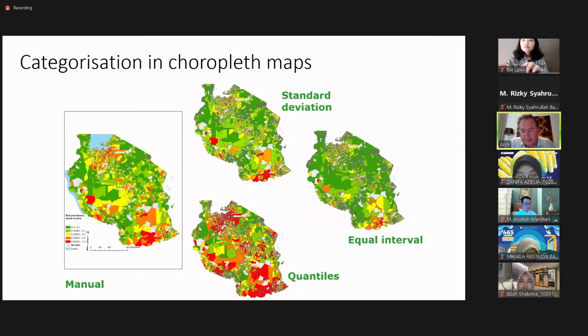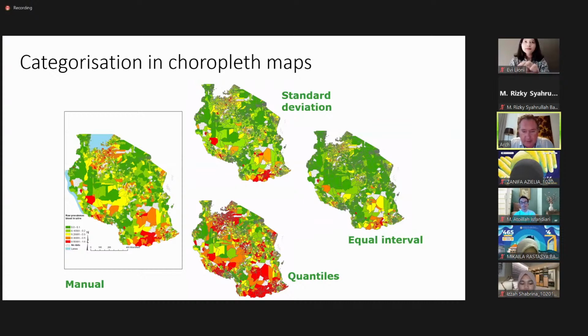Typically, it emphasizes the central part of the distribution again. And then you've got the quantile approach. What that means is that every category on the map has the same number of observations within it. And that kind of approach emphasizes typically the tails of the distribution.